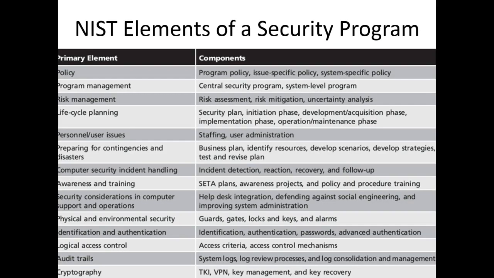There are a lot of documents from NIST, National Institute of Standards and Technology, which provide guidance for developing an information security program. One of them is called SP 800-14, which covers generally accepted principles and practices for securing information systems.